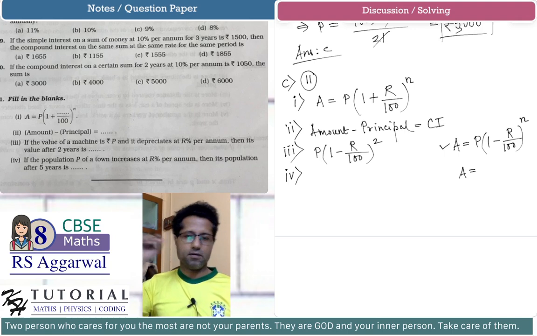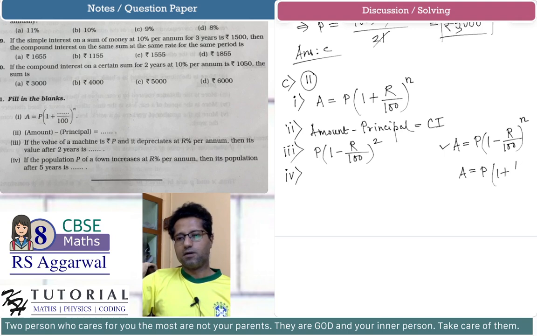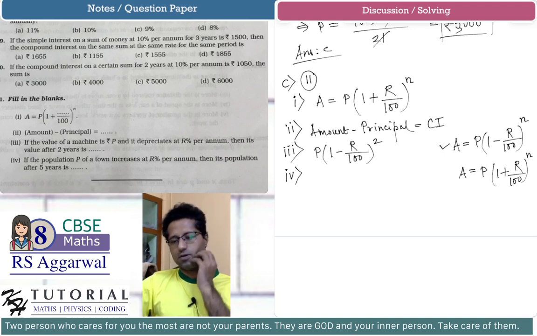Now regarding population growth, the concept is the same, but since the population grows, it will be P, where P is the initial population, times 1 plus R, the rate of growth of the population per annum, divided by 100 to the power n, where n is in years. So A is the population after n years, where the rate of growth of population per annum is R, and P is the initial population.